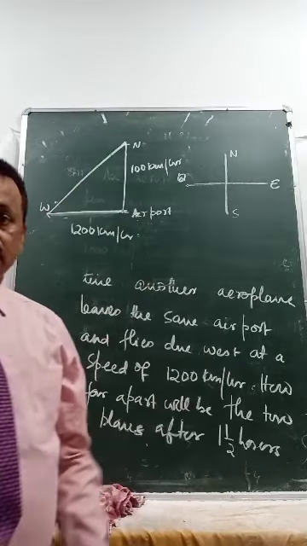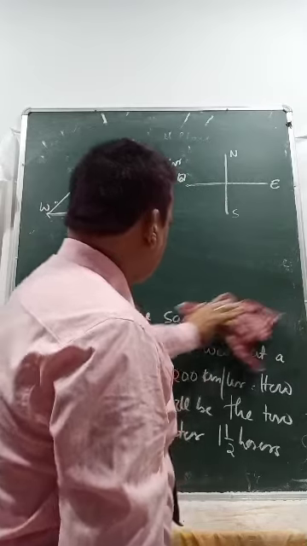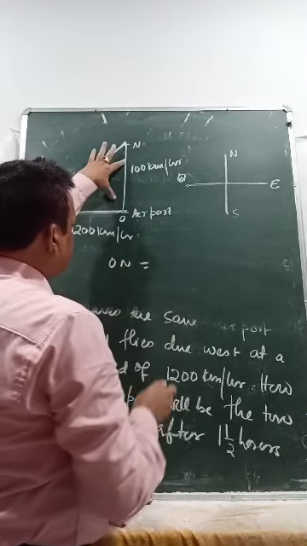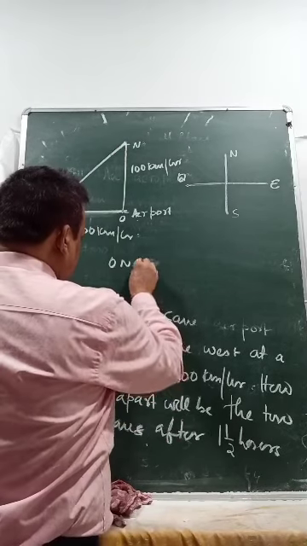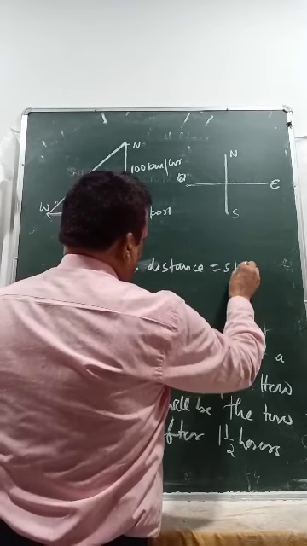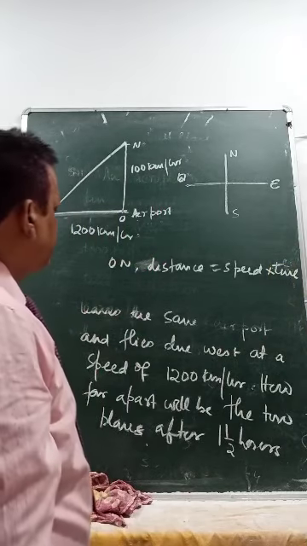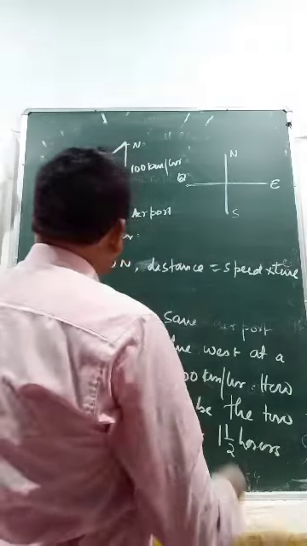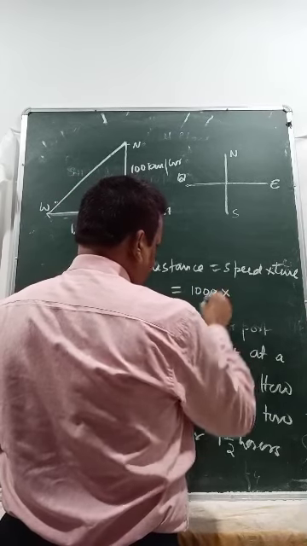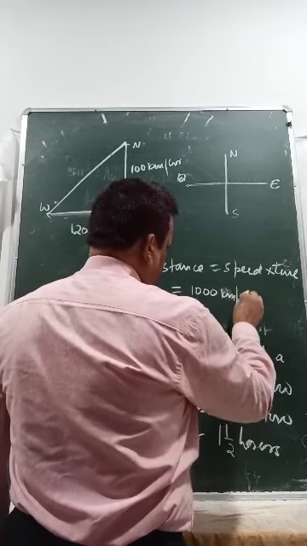This distance. So how to, first look at here. What will be ON now? ON is the distance. Distance equals speed into time. The speed is how much? 1,000 kilometers per hour.